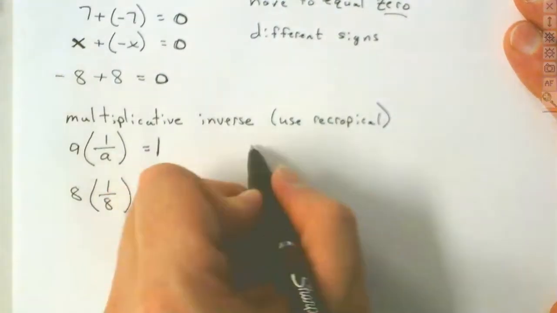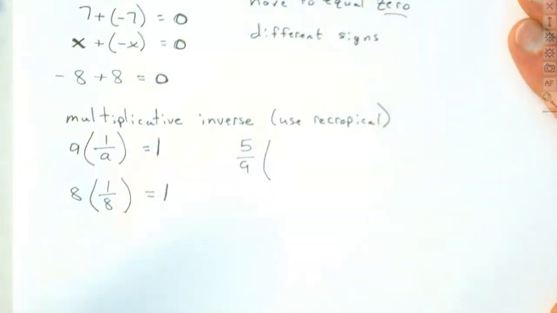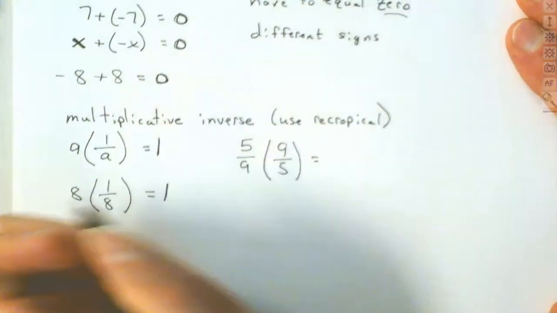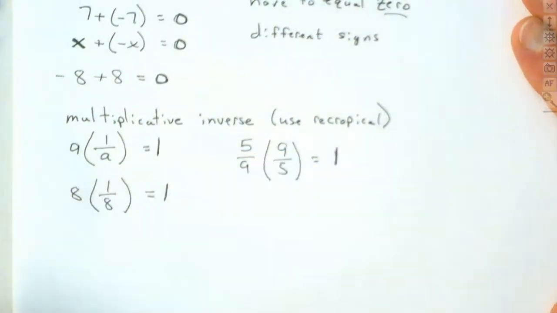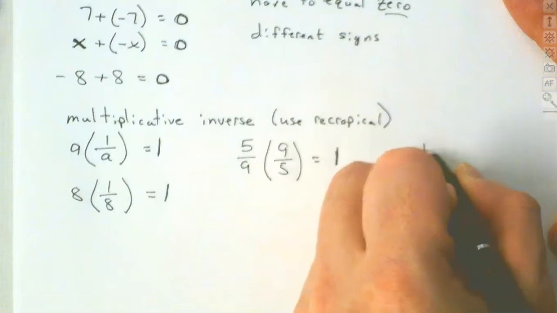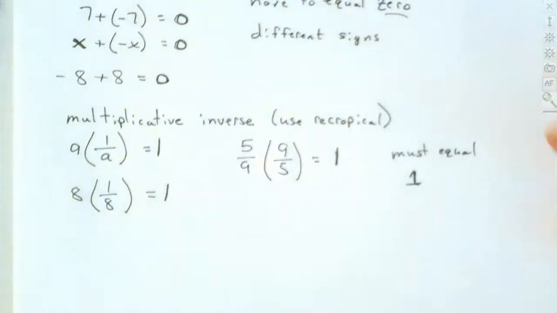What about 5/9? What's the multiplicative inverse of 5/9? 9/5, because they go together and they make it what? 1. So when we talk about the multiplicative inverse, it must equal 1. So you have an additive one, and you have a multiplicative one. The additive one works with the signs.